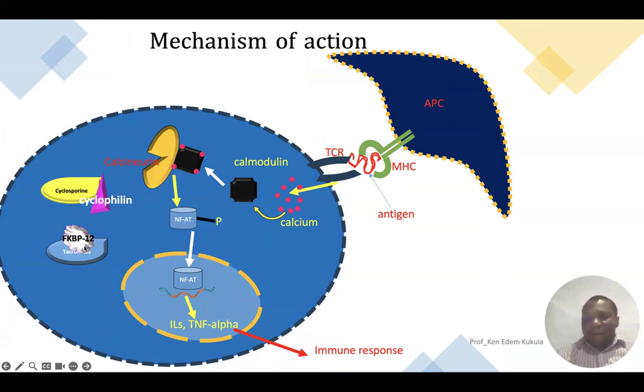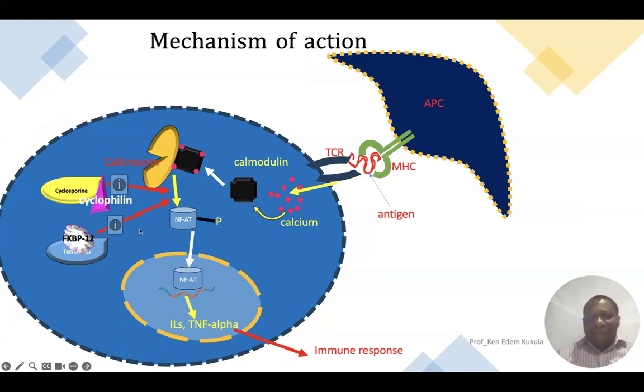Now, for tacrolimus, apart from binding to this FKBP12, it also binds to the calcium calmodulin complex. So those four entities then form a complex, and they then inhibit the interaction of the calcineurin calmodulin complex with the transcription factor.